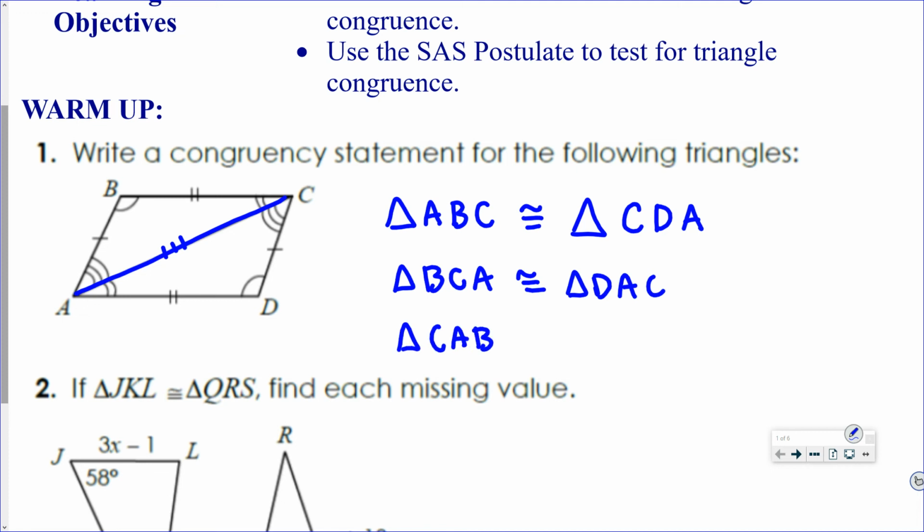Obviously, there's a few options, but these are probably more common ones. You just have to keep the corresponding parts when you list out that congruency statement. Okay. Somebody have something else that they want me to check if that's right? Good.